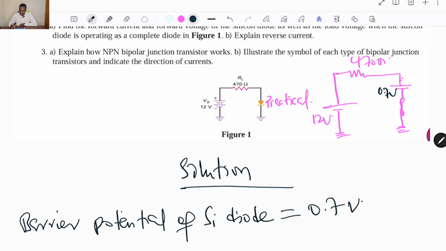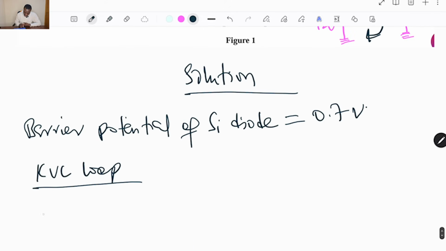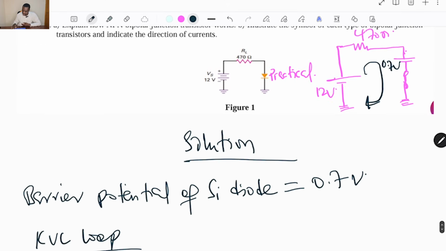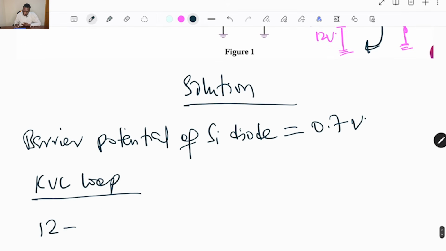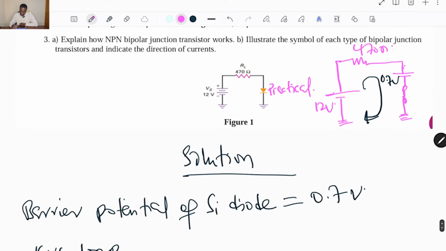Once we have this, we can apply Kirchhoff's voltage law to this loop. So we have 12 volts minus the voltage across the resistor. The current that is going to flow through the resistor is the forward current, right?